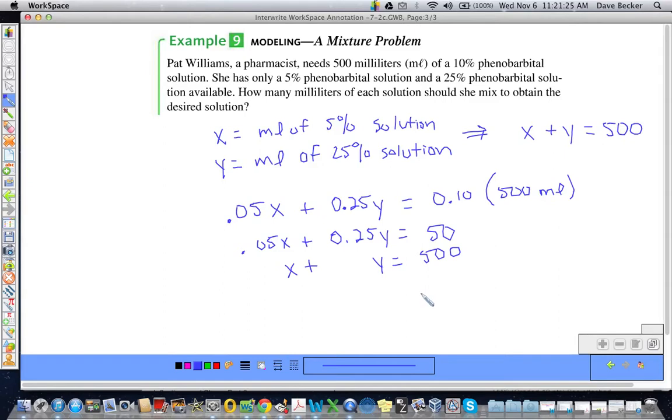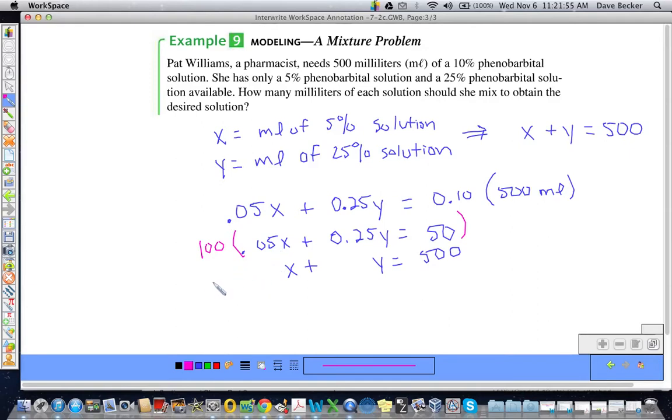Well, I could make this 5x if I multiplied it by 100. So I'm going to multiply this by 100. And then if I'm going to add, I need them to drop out. So 100 times 0.05 is going to be 5. That'll move the decimal 2 places to the right, so 5x.